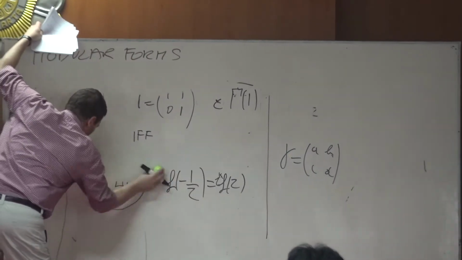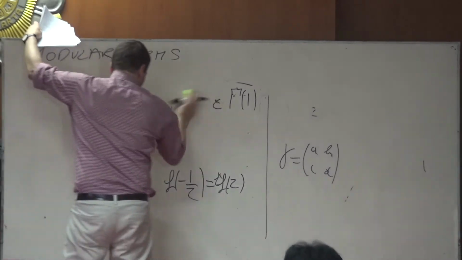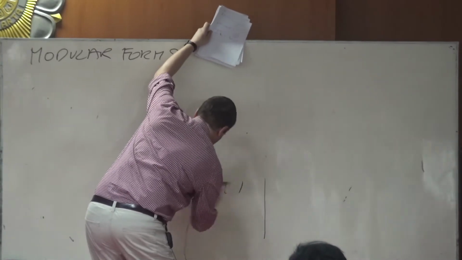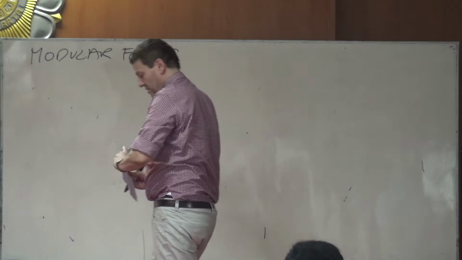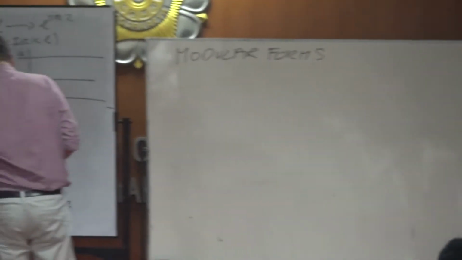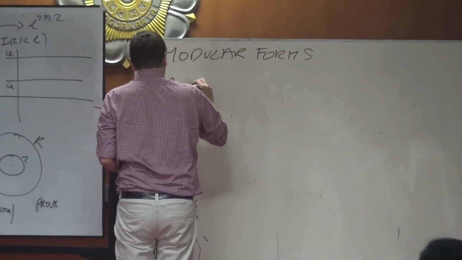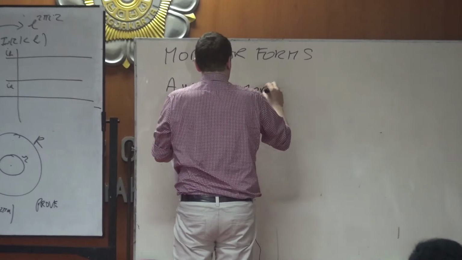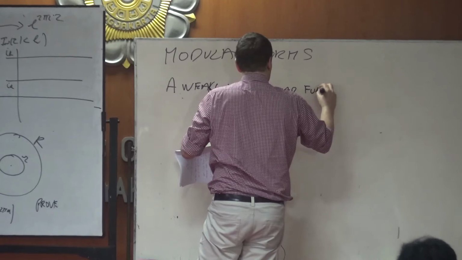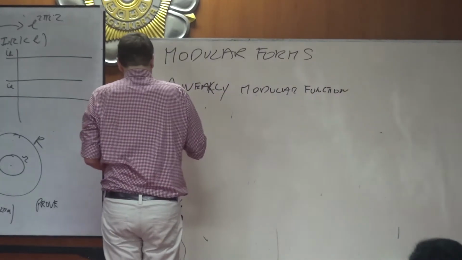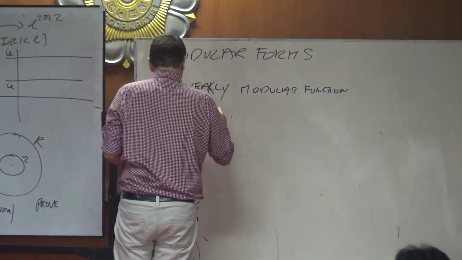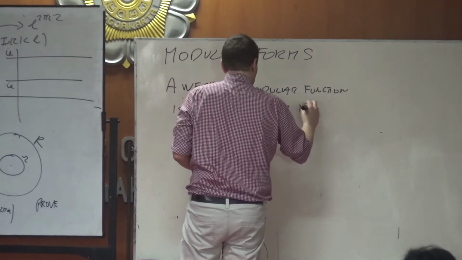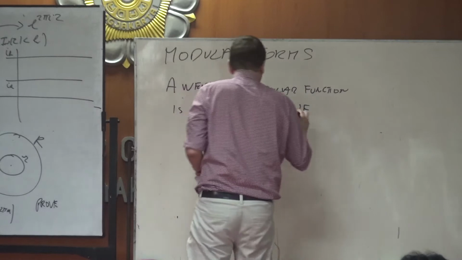So we can give the next definitions. First, a weakly modular function is called modular if it's meromorphic at infinity.